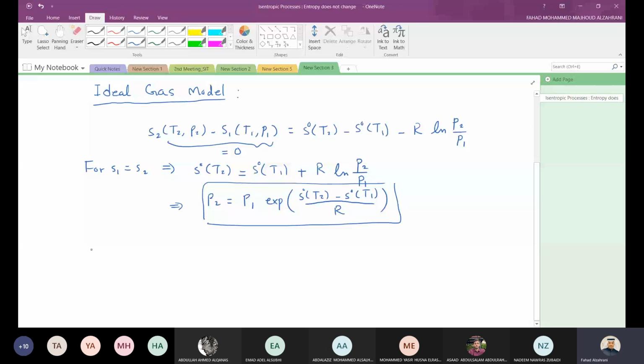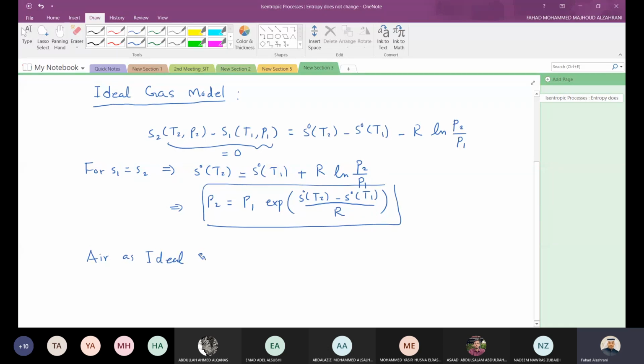Okay, the special case of air as an ideal gas.